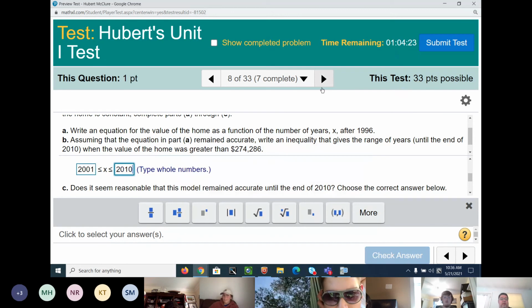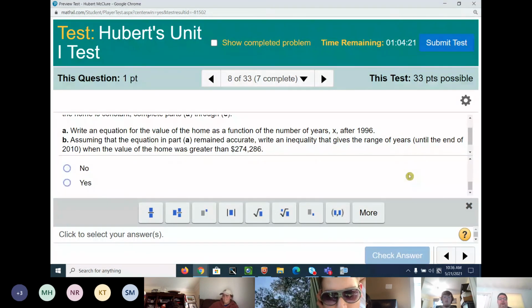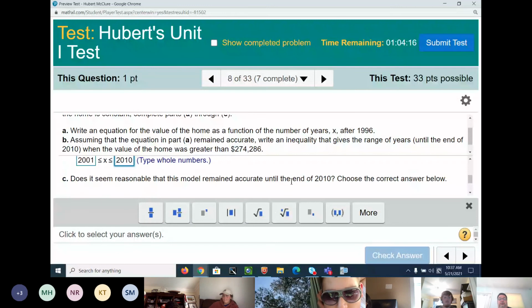Next, does it seem reasonable that this model remained accurate until the end of 2010? Well, let's see. What's 2010 minus 1996? 14, isn't it? So we're going to take 14 and we're going to plug it in.